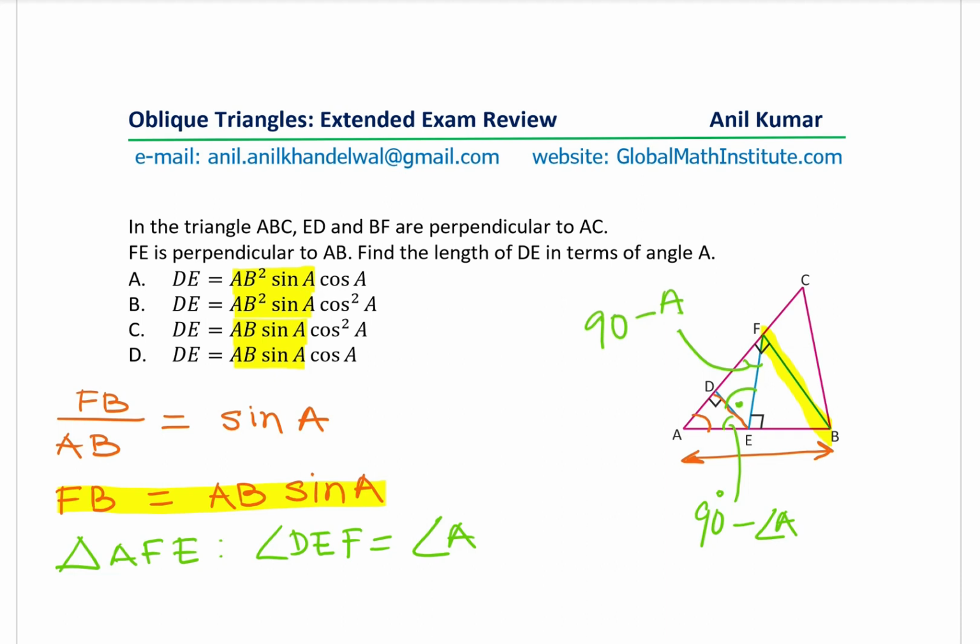Therefore, we get the other angle right there also as equal to angle A. So what we figure out is that these three angles are equal to angle A. That should help us to solve this particular question.